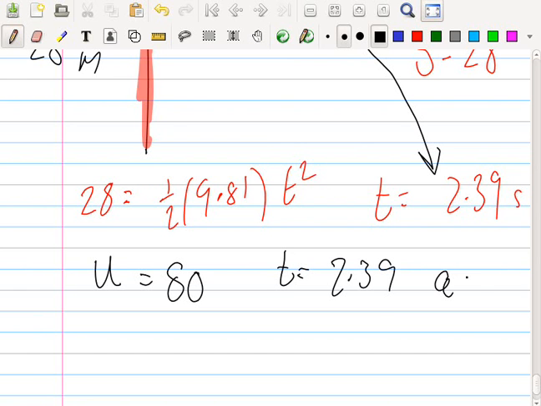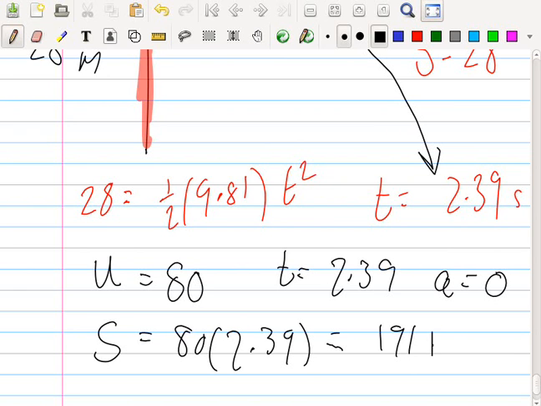What's A, horizontally? 0. You just assume it's constant horizontally, although it's not really going to be, because of air resistance. What's the formula? S equals UT. So what does that come out as? 191 meters.